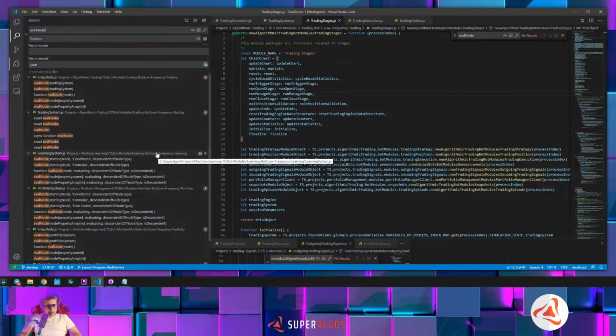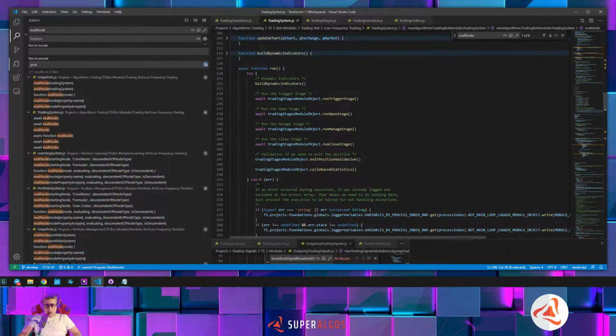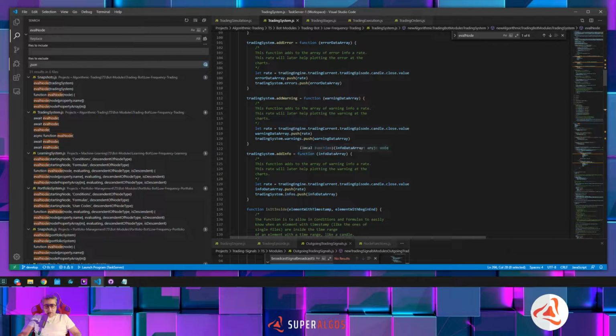Well, I'm not easily finding the usage of eval node, because nobody is using eval node.